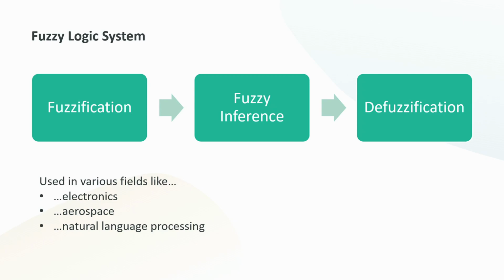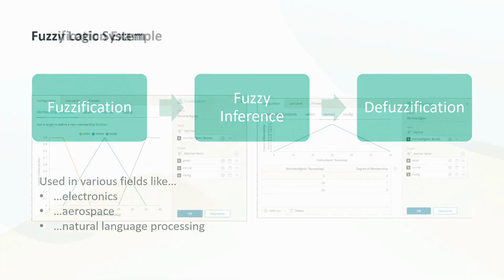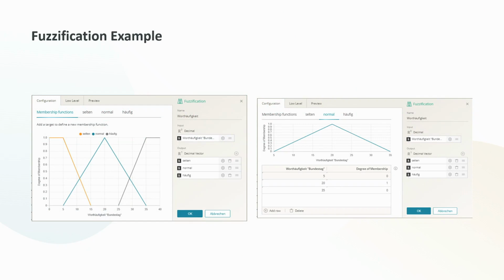I'm going to show you an example to really give you an idea how fuzzy logic works with all its calculations. What you can see here is actually the configuration view of our BSI tool, but I'm going to show you this as an example of just how it might look like to use fuzzy logic.